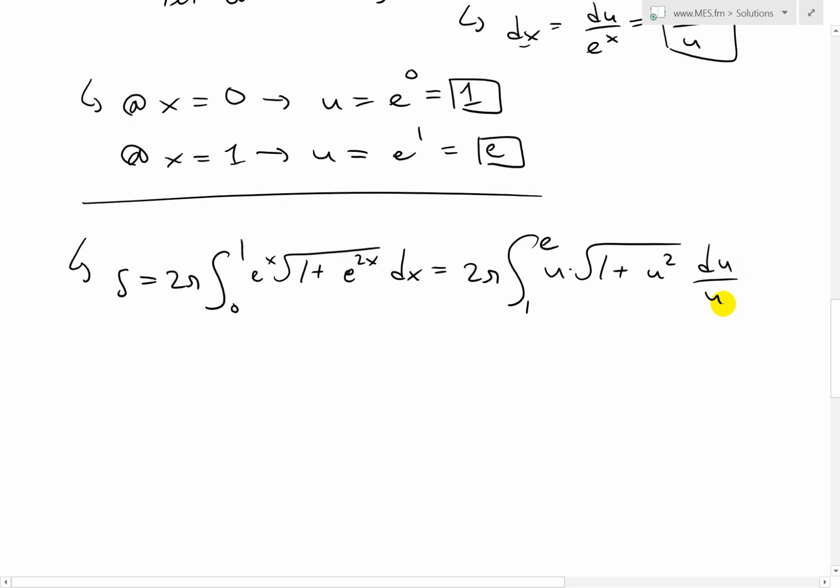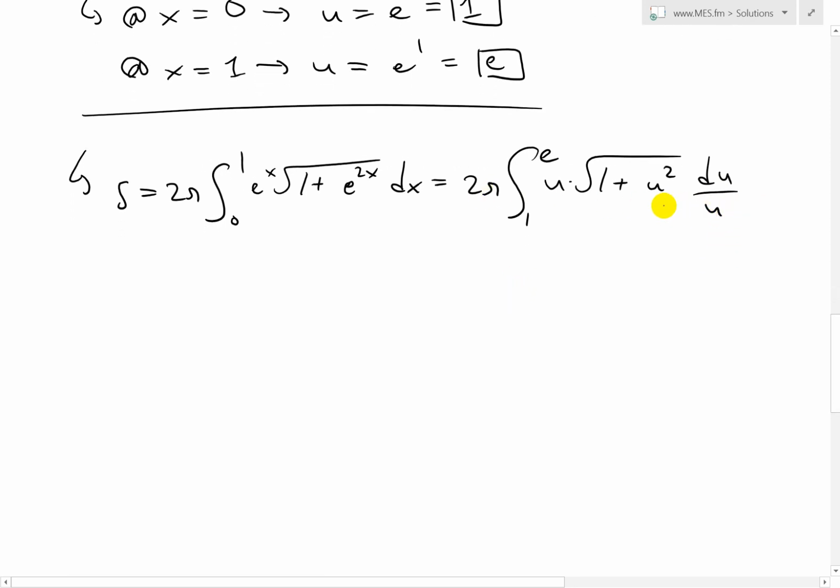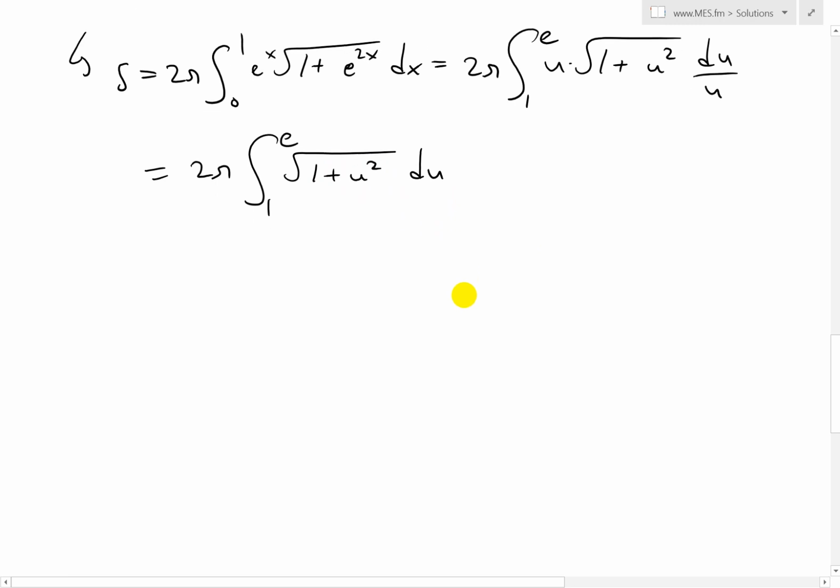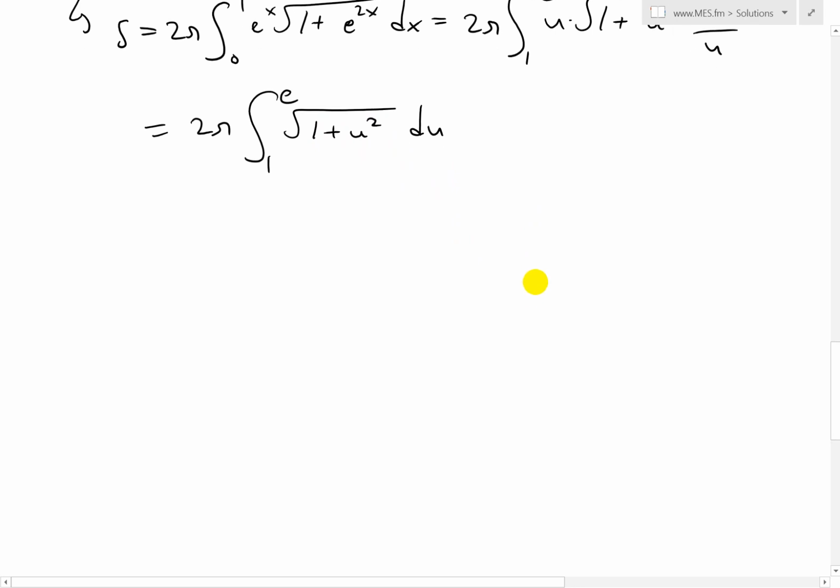That's what the dx is equal to. The u's cancel, so we're left with 2 pi times the integral from 1 to e of the square root of 1 plus u squared du. Now this function is still not that straightforward to solve, but if you recall from earlier videos on trigonometric substitution for integrals, this is a pretty familiar form.